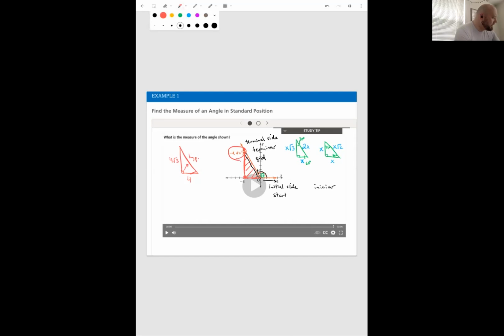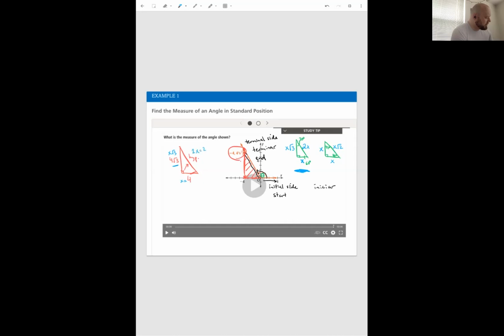Hopefully you can see that based off of the 30, 60, 90 triangles, over this triangle over here, if our bottom side was x, so if I say that x is 4, the longer leg is always x times the square root of 3. Well, does that fit over here? That sure looks to me like it's x times the square root of 3. And so because both of these two sides fit, the hypotenuse is going to be 2 times x.